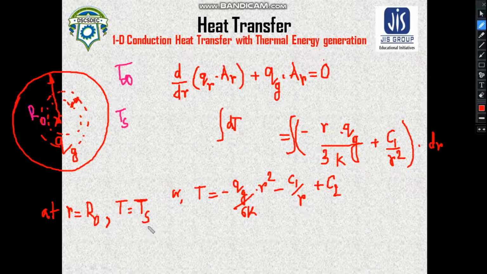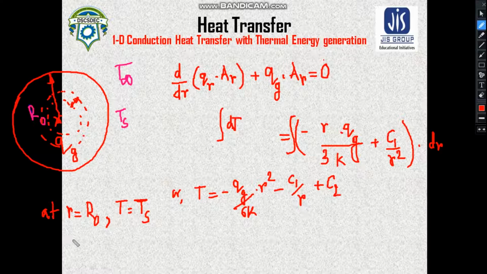Now coming to the second boundary condition, which would help us to find out this formulation. Now how can we find it? This will be very simple. Look, the problems which we have treated till now are all symmetric problems, and since here there is only radial heat generation and the heat transfer is taking place in a steady state in one dimension only, this problem should also be of symmetric type.